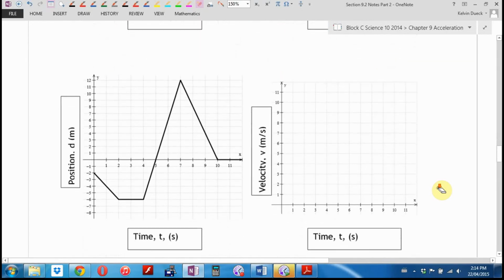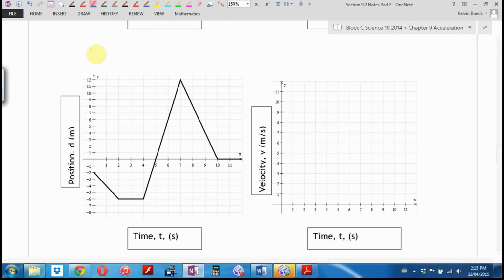Let's do another one. Looks like we have a change 2 seconds in, so I'm going to go. Looks like the next big one is 4 seconds in. Right there. And then nothing happens, 7 seconds in.